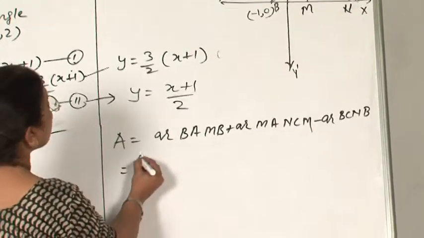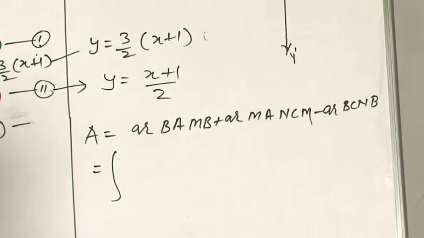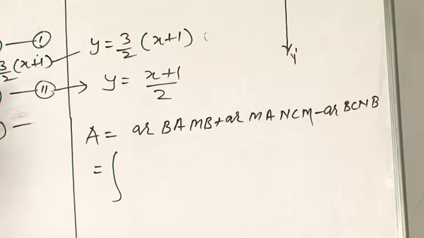Now what is the area of this? It can be written as the integration of, we have to take y from the equation of AB, and the equation of AB is this.